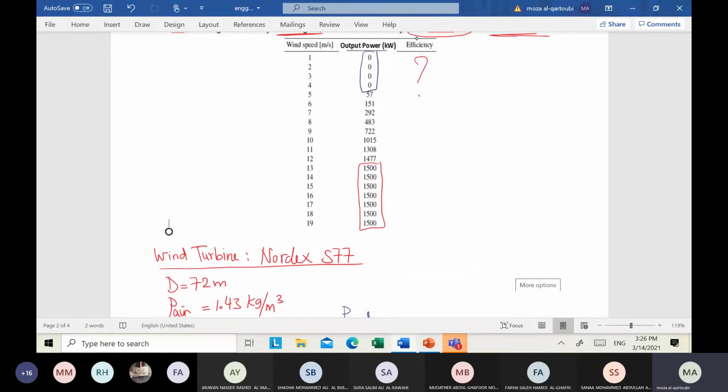So first we find P in for the 19 values, apply this rule, and every time find efficiency by P out over P in.